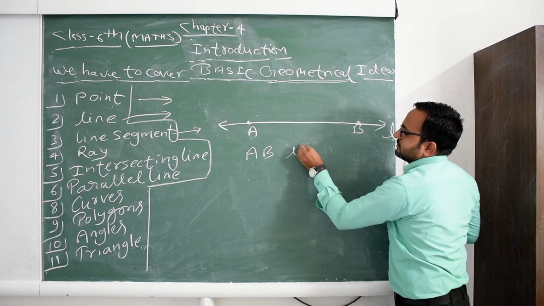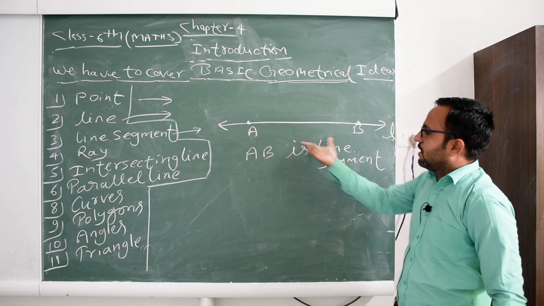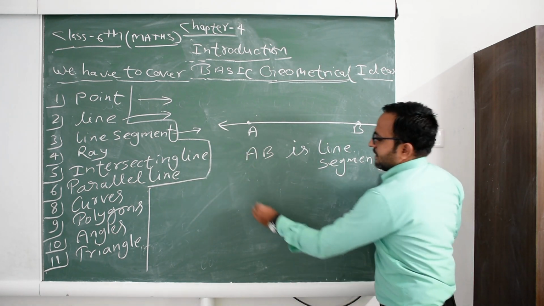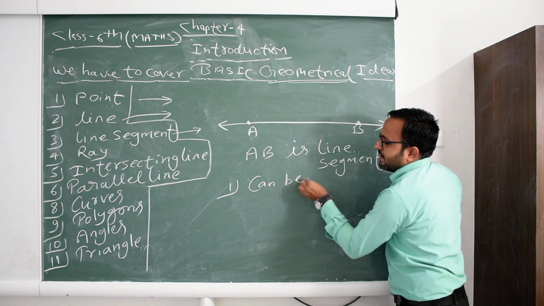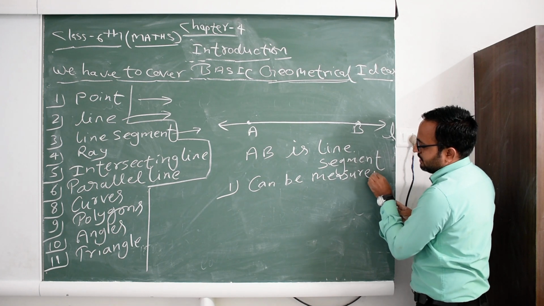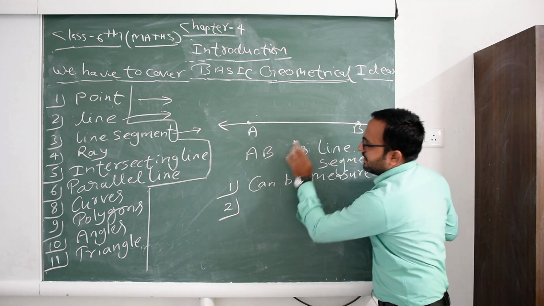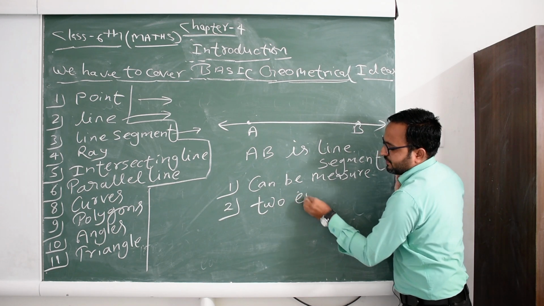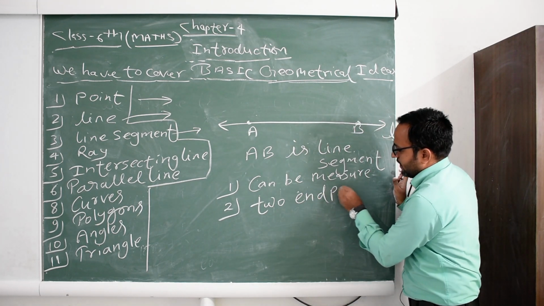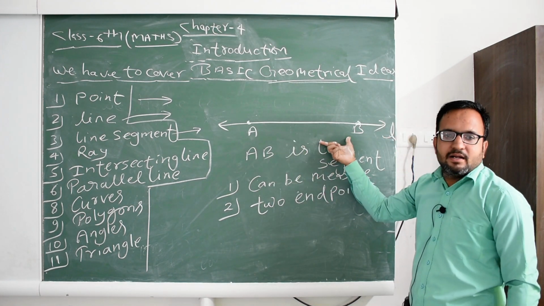Segment means part of a line, because AB is a part of a line. It can be measured by a scale. A line segment has two end points, but a line has no end point. So I conclude AB is a line segment.